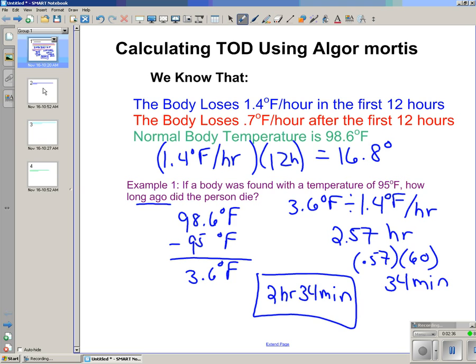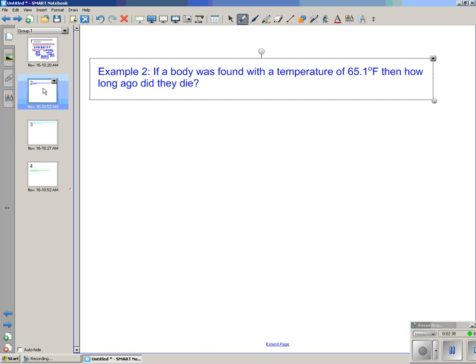Our next example was found with a temperature of 65.1 degrees Fahrenheit. So how long ago did they die? Well, let's do the math. We'll start out the same way: 98.6 degrees Fahrenheit, subtract the temperature now. And that's going to give us 33.5 degrees.